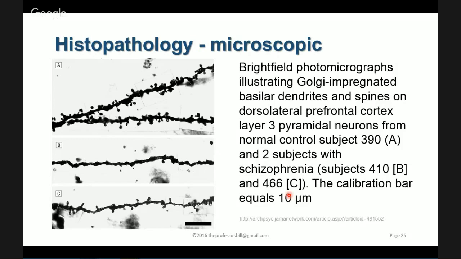And if you take a look at two different patients, so this is subject 410 and this is subject 466, you can see that in the same area of the brain, through Golgi staining, we don't see that rich number of spines that we see up here at the top. So we know that there are severe structural changes going on as well, but we really don't have a good mechanism for why all of these things have occurred.